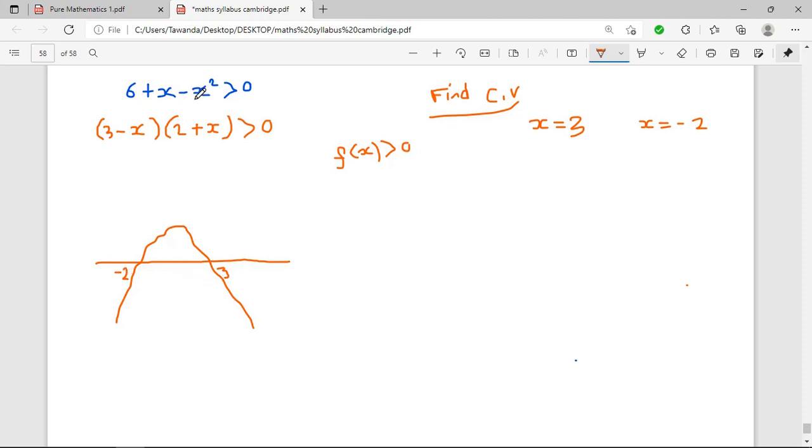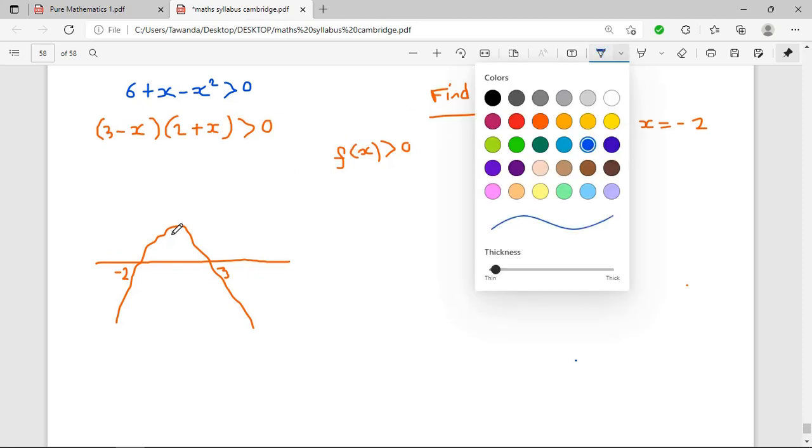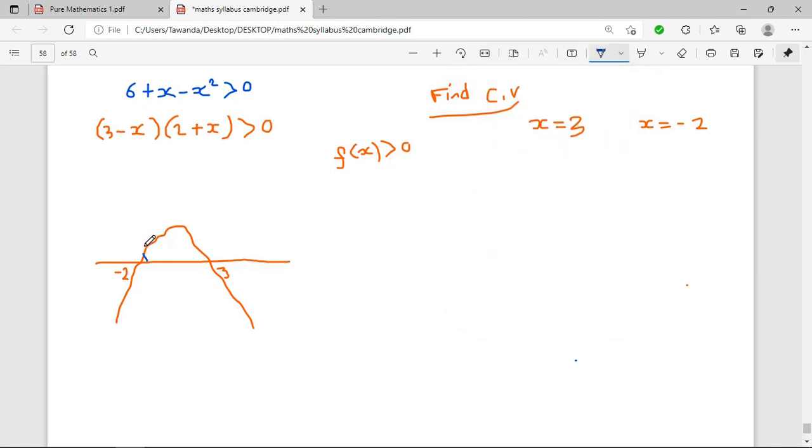Since the coefficient of x squared is -1, we said if the coefficient of x squared is negative, the graph will be a maximum. So it will be a maximum passing through -2 and 3. So this is the graph. We want to find the region where this function is greater than 0, meaning the region where the function is above the line. So the graph is above the line from -2 to 3.